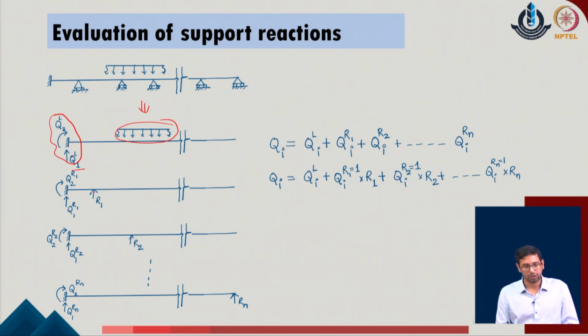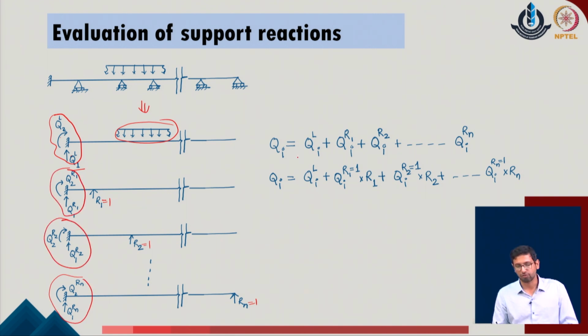So, now with respect to each of the value of R1 being 1 unit, R2 being 1 unit and Rn being 1 unit, at each of the point we will keep on calculating these support reactions of the system also, and as we take the summation of all these support reactions together, that gives us the total summation of the net reaction which the system will have.